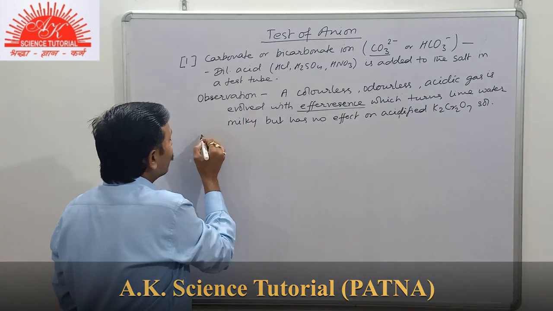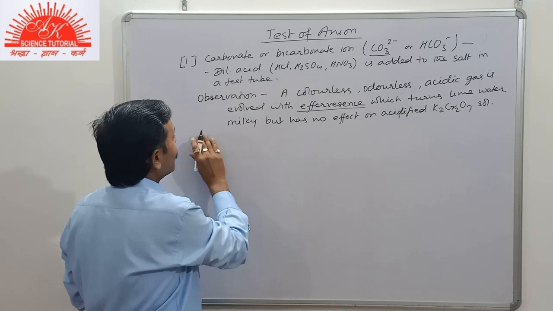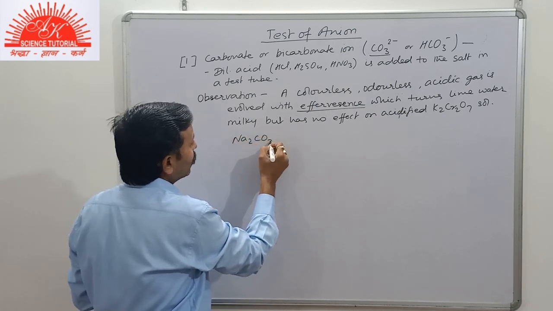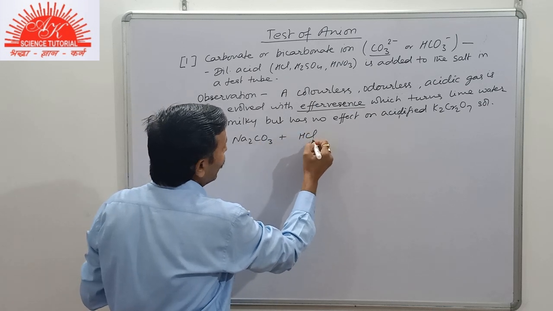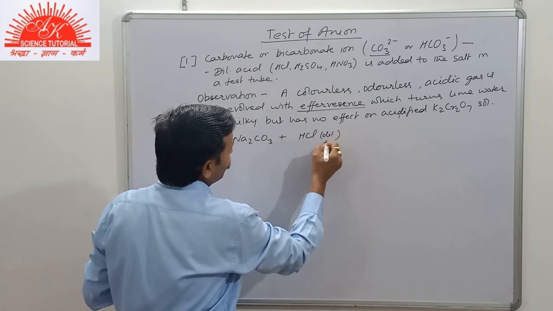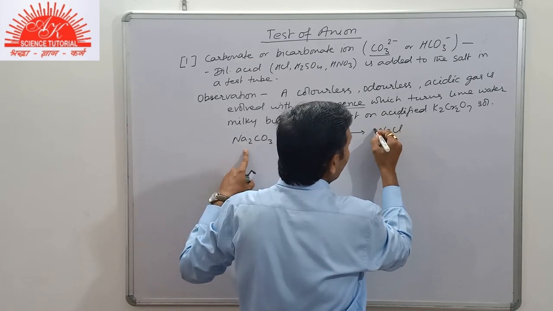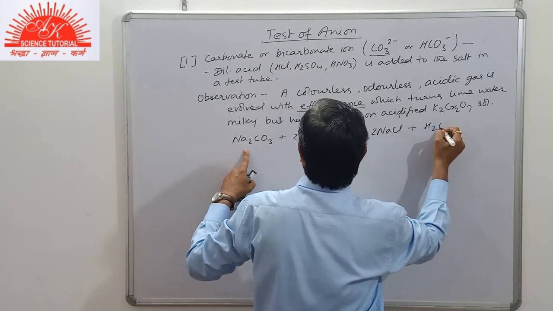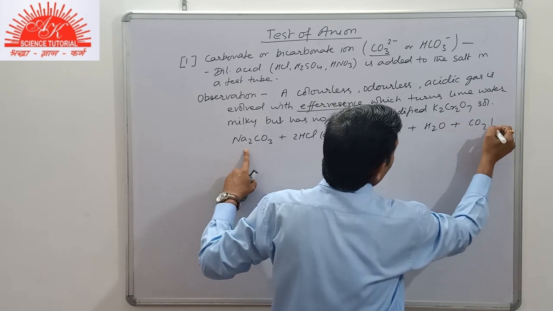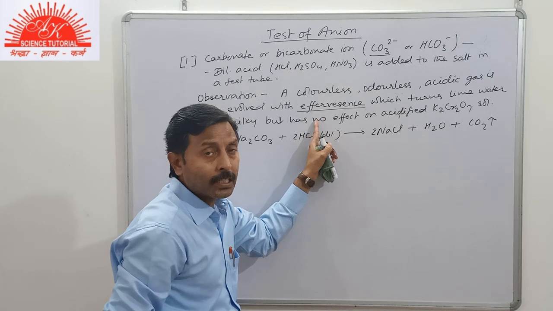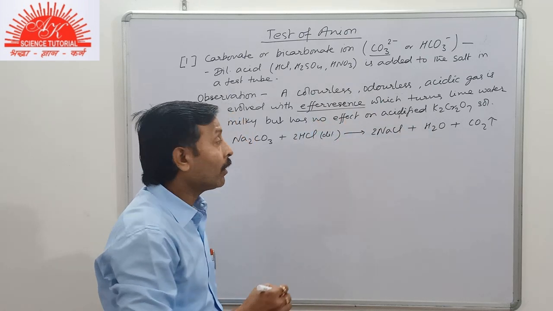Now, what is inference? Now, like you see, suppose first of all, we write an equation Na2CO3 plus, suppose we take dilute HCl. The reaction is NaCl plus H2O plus CO2 gas. So, according to this observation, this test, the CO2 gas is confirmed.